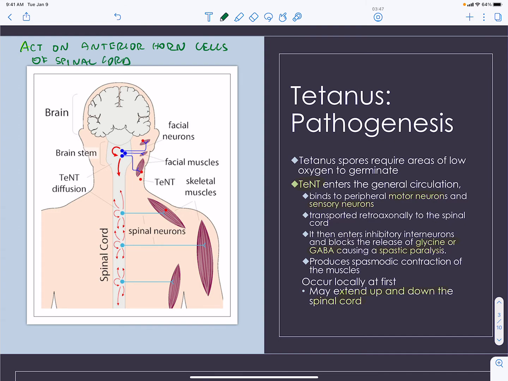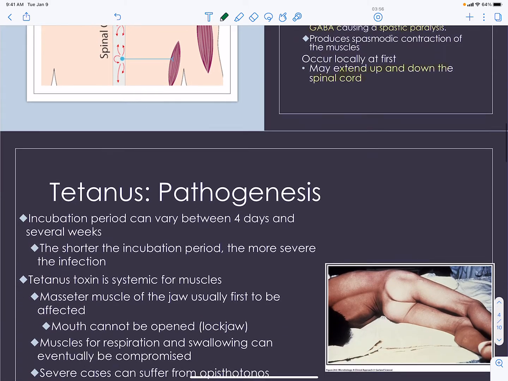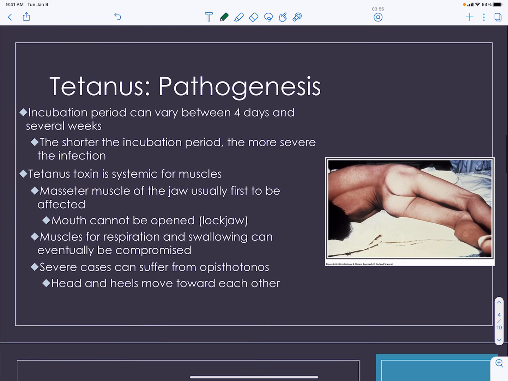And this is going to block postsynaptic inhibition of the spinal motor reflexes. Now, your incubation can be between 4 days and several weeks, and the shorter the incubation period, the more severe the infection.